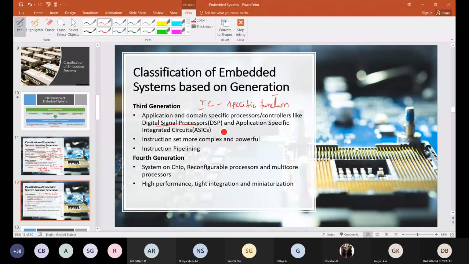For each and every application, we use a specific IC in order to perform the specific function or task. That is what we call a third generation computer.